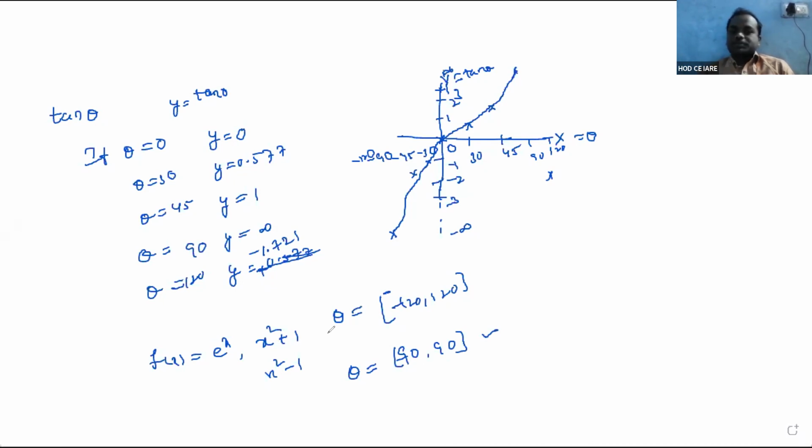Okay, so here algebraic expressions and trigonometric functions like f of x is equal to sin x, cos x. Okay, and we can also mix algebraic and trigonometric together. They are also continuous functions.